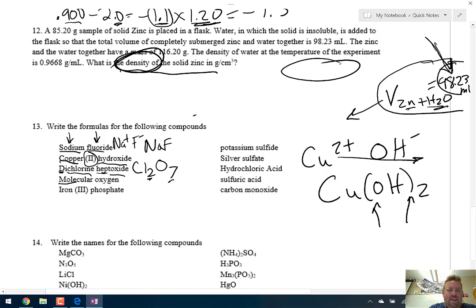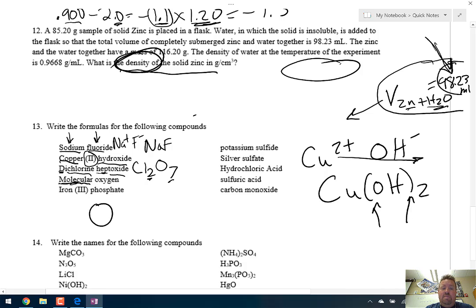Okay, molecular oxygen. What the heck is molecular oxygen? Well, molecular means a molecule. So if it's molecular oxygen, it's oxygen when it's a molecule. If I were to say, for example, atomic oxygen, that means an atom of oxygen. Atomic oxygen is just O. Okay, that's an atom of oxygen.